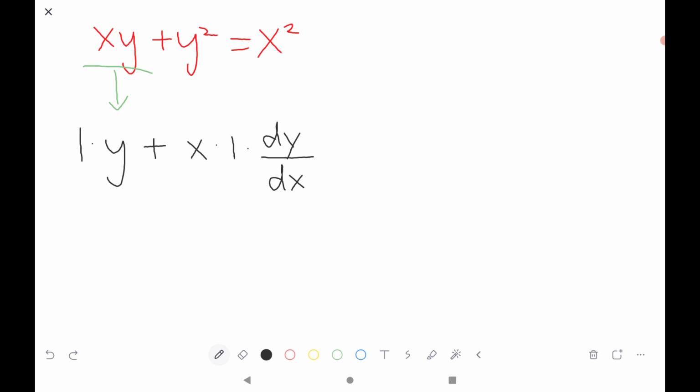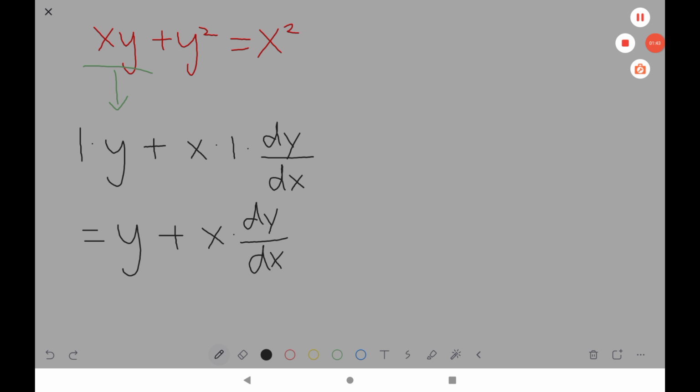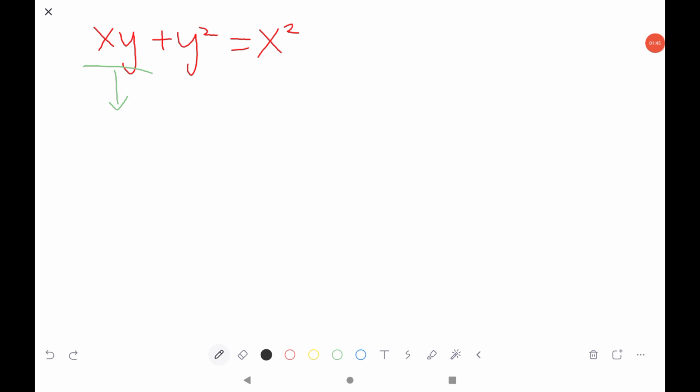So if I simplify this, we're simply left with y plus x times dy dx. So that means the derivative of our first term is y plus x times dy dx.